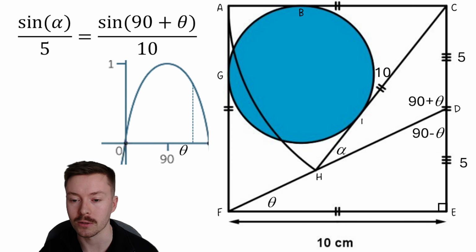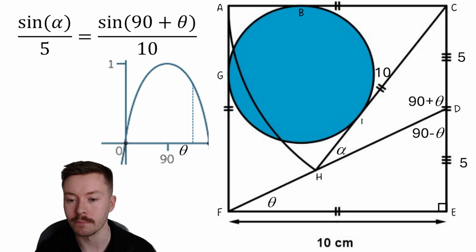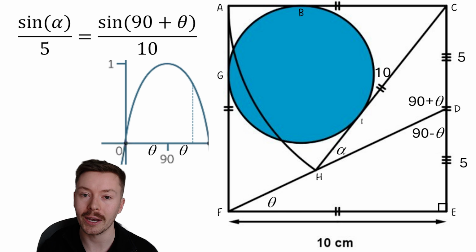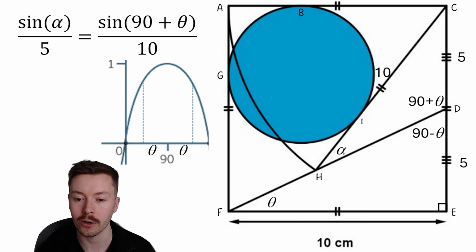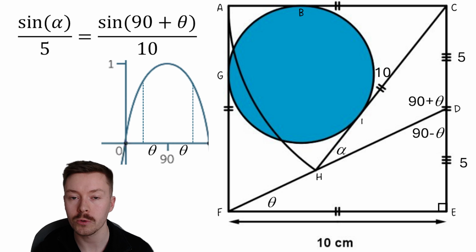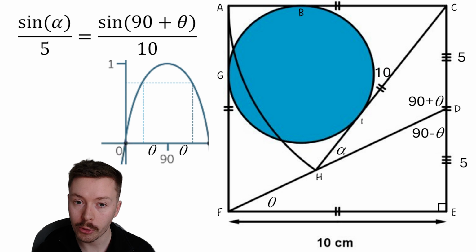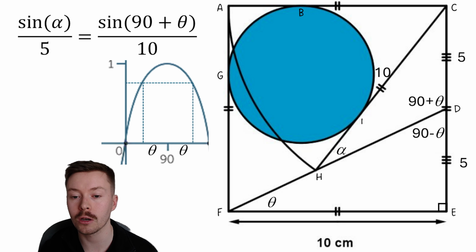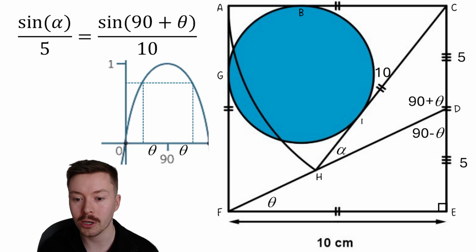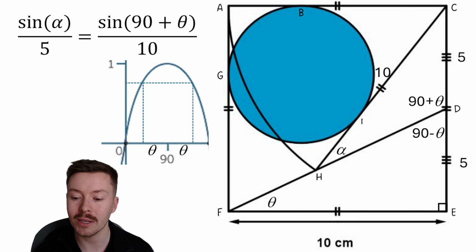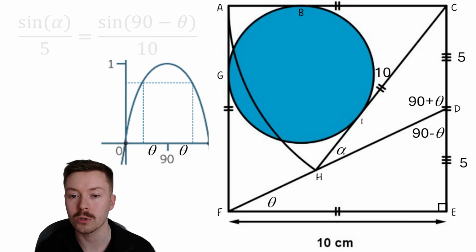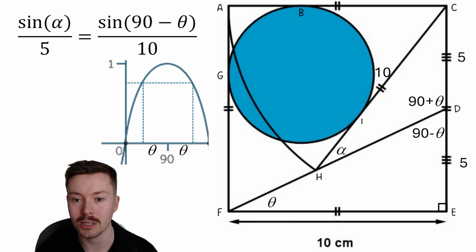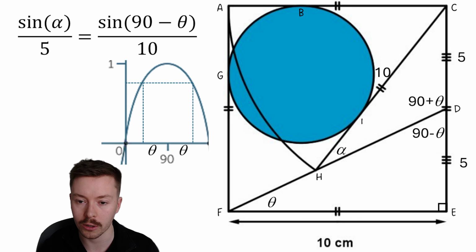That will go up to some height on the sine curve, and if I also take theta away from 90, that will go up as well to a point on the sine curve. Because of the symmetry of the sine curve, those two points will give me the same output. And so because we know that theta here is acute, sine of 90 plus theta will be equal to sine of 90 minus theta. Sine 90 plus theta is equal to sine 90 minus theta.